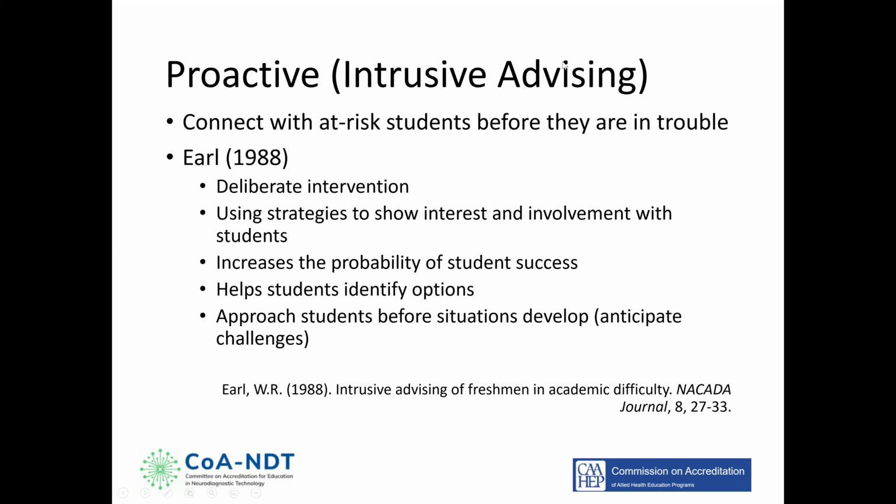So one of the things, and when I first learned about this it was called intrusive advising, and now we call it proactive advising. The whole organizing framework with proactive or intrusive advising is that you want to connect with your students before they're in trouble. So you want to identify the students that are at risk and start to build that relationship with them. And again, Kelly and Diane are going to have some excellent examples in a few minutes of how they do this.